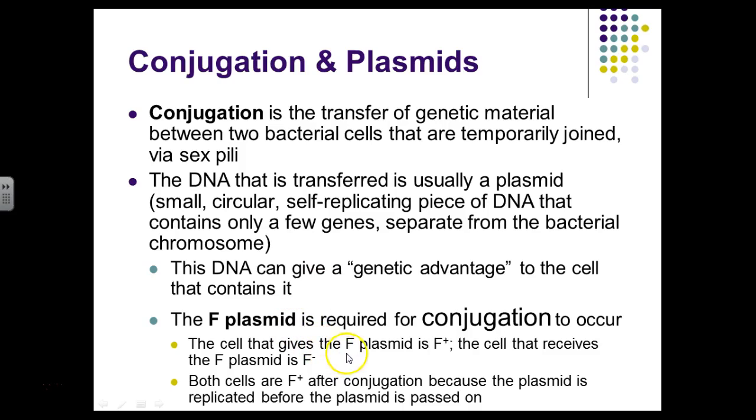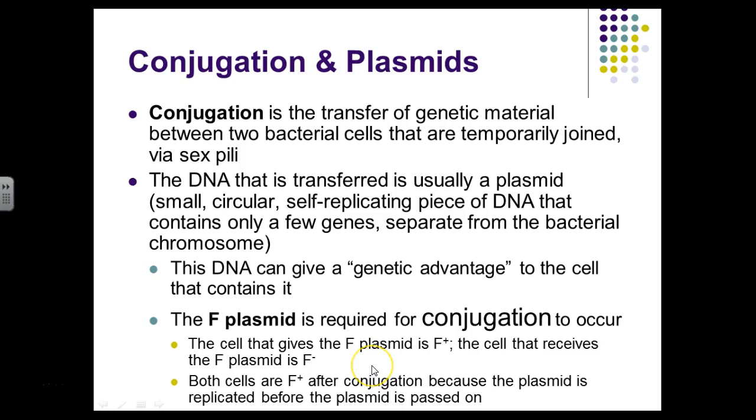Now these terms, F- and F+. The cell that gives away the plasmid is referred to as the F+ cell. I'm not sure why they chose the letter F here. It probably has some sort of meaning. But the bacterial cell that donates its plasmid is the F+ cell, and so that plasmid would be the F+ plasmid.